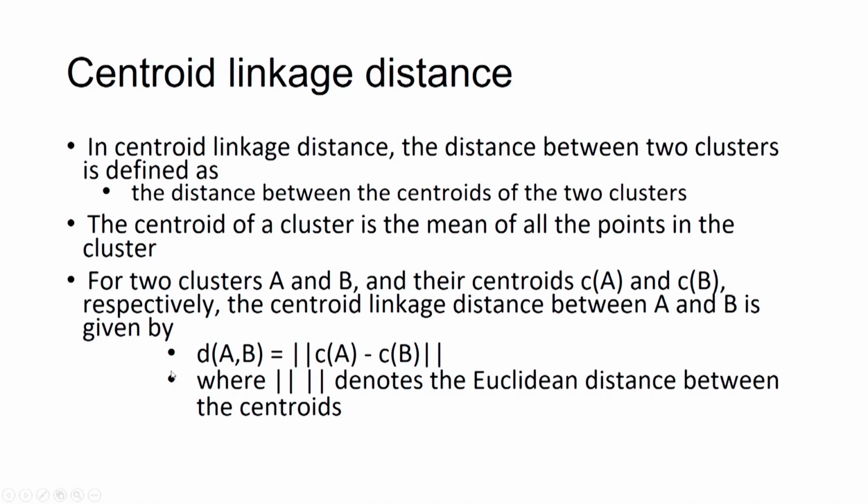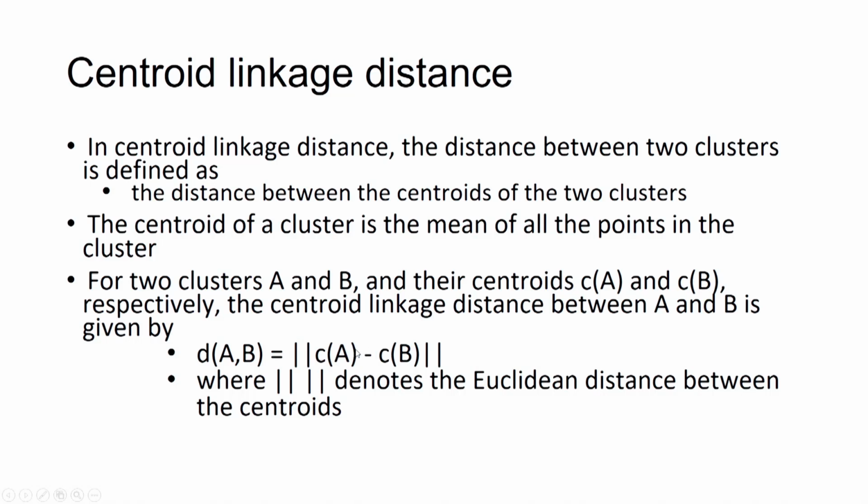So, here, if two clusters A and B are there and their centroids are CA and CB, the distance between the two clusters A and B is defined as the distance between these two centroids, the centroid of A and the centroid of B, and this notation denotes the Euclidean distance between the two centroids.